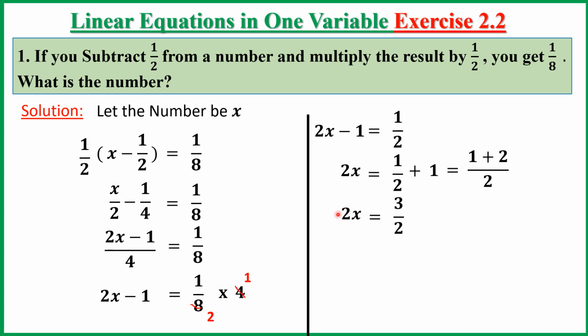Now here 2 is in multiplication with x, so when transposing to the right hand side it becomes division. So x equals 3 by 2 divided by 2, and 2 means 2 by 1. We take the reciprocal of 2 by 1 and the division changes into multiplication. That is 3 by 2 into 1 by 2. So x is equal to 3 by 4.